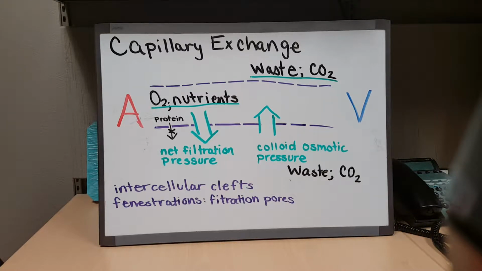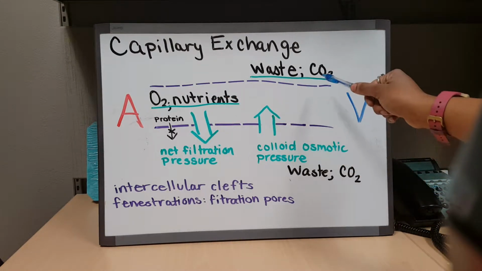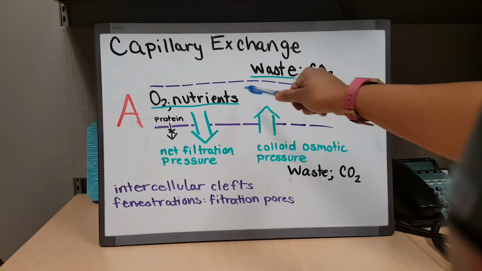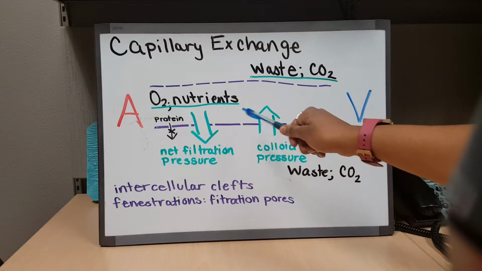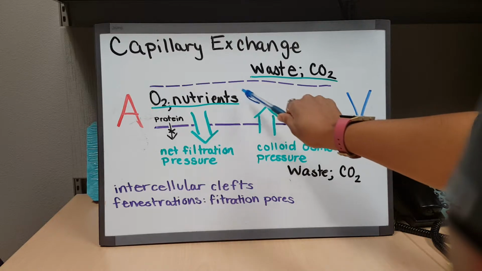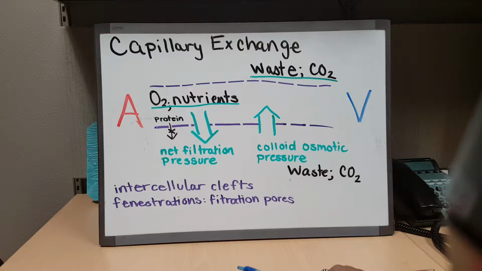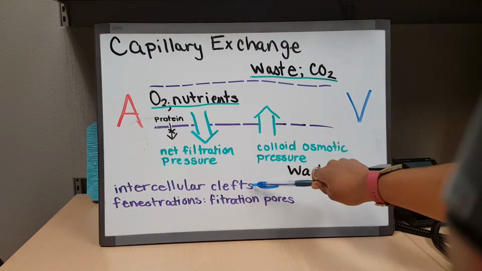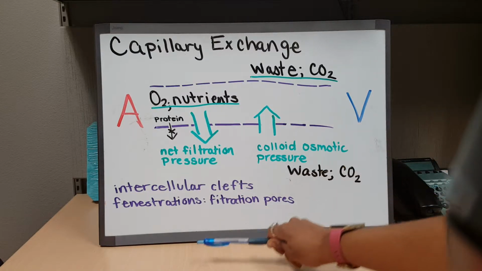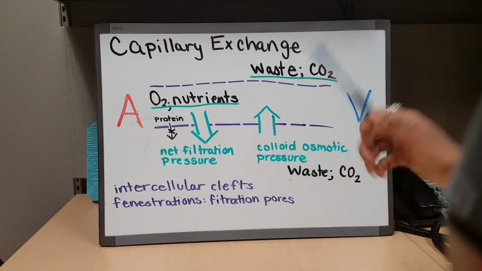So for diffusion, you pass through the membrane of the capillary going from high concentration. For example, let's focus on oxygen and nutrients, high concentration on the inside of the capillary to the outside, either moving through the intracellular clefts or a type of filtration pore called a fenestration.